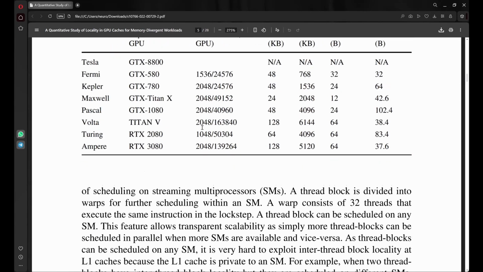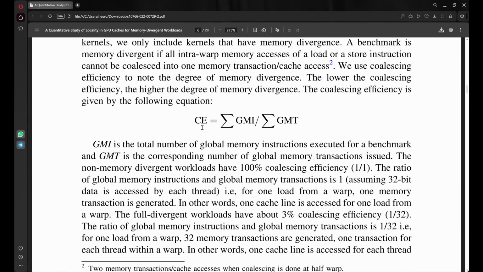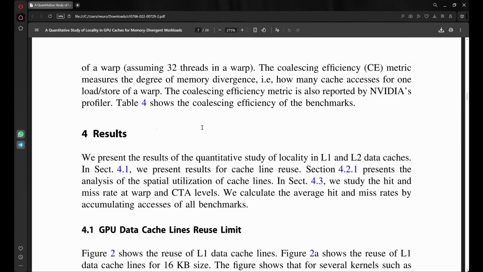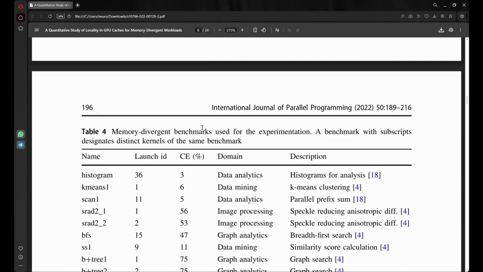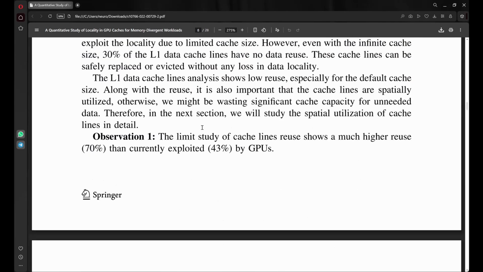But is the cache usability, what was it, 40-ish percent, still considered a good figure? So in terms of cache line reuse, ideally you'd want it to be at 100, so 40 is pretty poor.